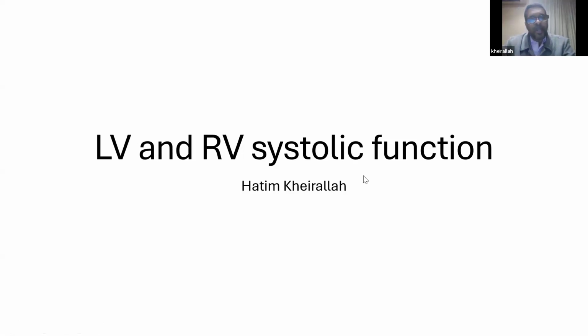We'll start with some concepts I would like to introduce you to. They have different importance, so I'm going to stress each one separately, give you the idea about it, and discuss together the importance of its acquisition and interpretation. This is a very important session about LV and RV systolic function, and this is the bread and butter of what we do in echo.